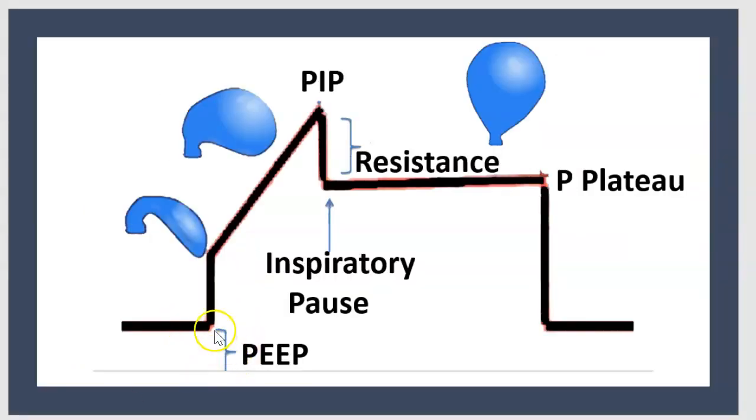Here we are in presence of PEEP and peak inspiratory pressure. This is the maximum pressure of inspiration. This peak pressure of inspiration gives the resistance. And then we have a plateau pressure, and plateau pressure gives us compliance.